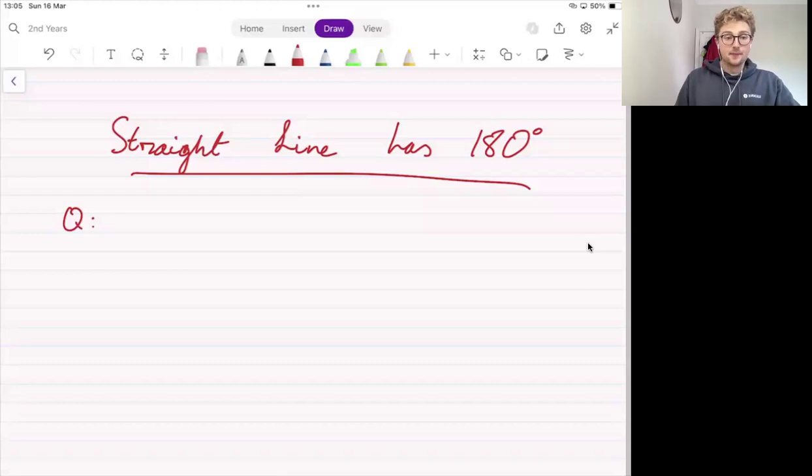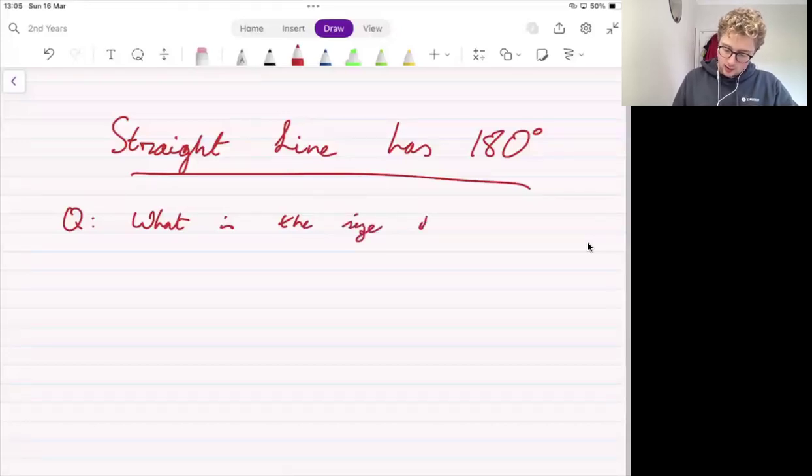So a question might say to me, what is the size of the angle A?